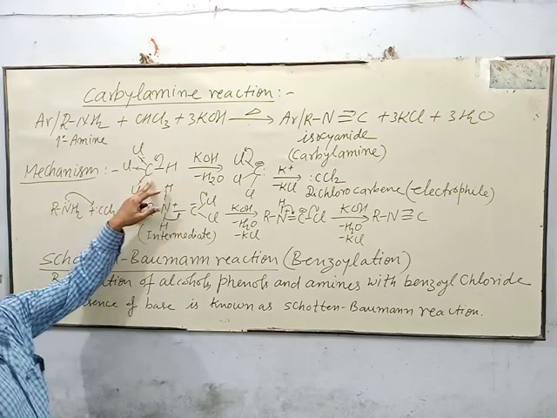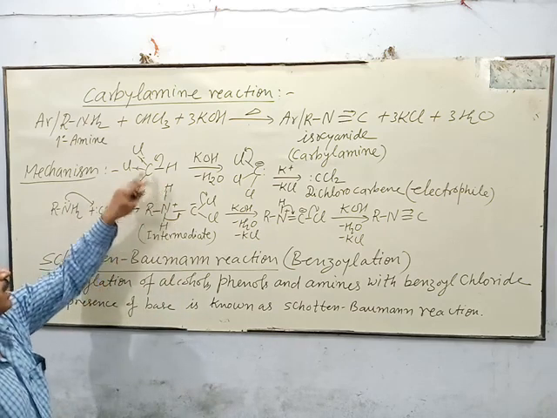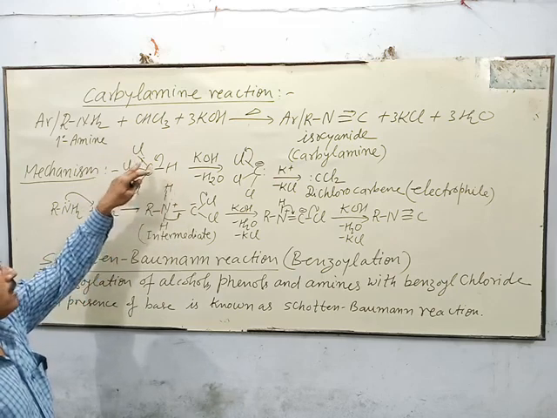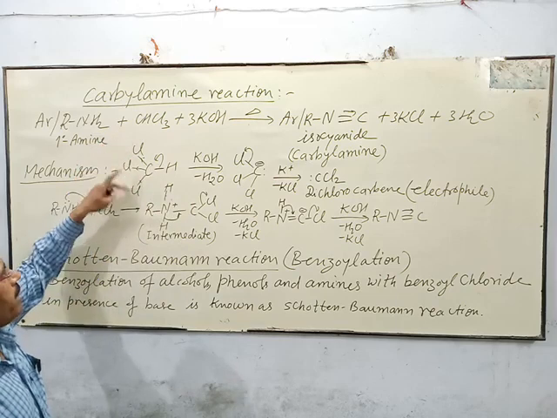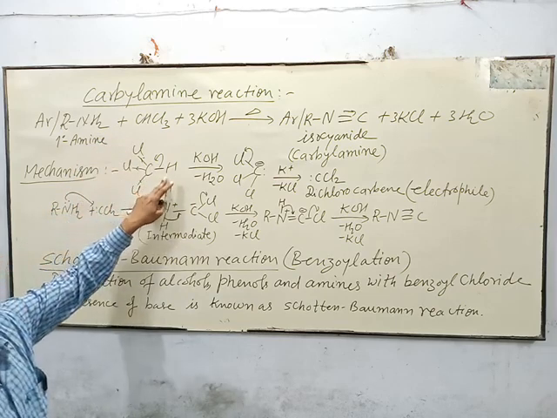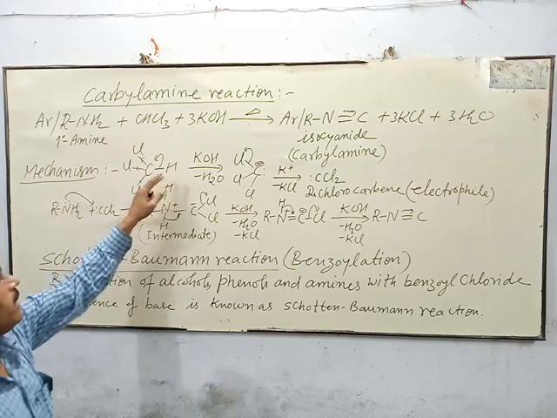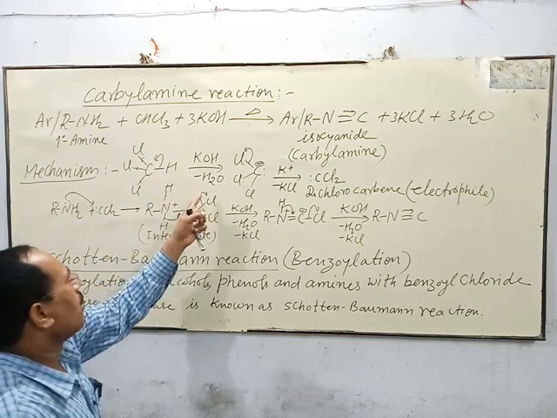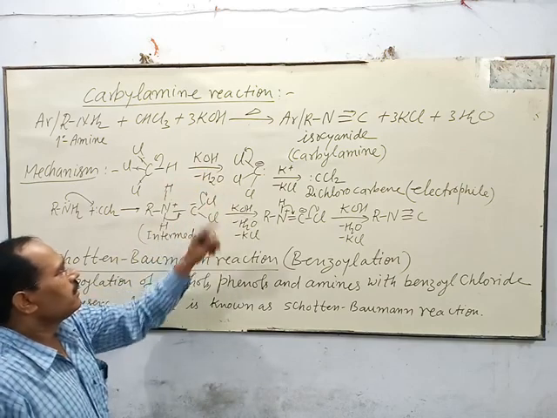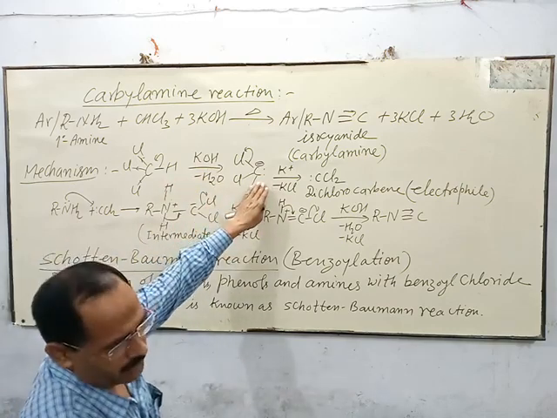This is chloroform. In chloroform, there are 3 chlorine atoms attached to carbon, and due to the strong minus I effect of the chlorine atoms, this hydrogen becomes acidic and reactive. It is taken as a proton by OH minus and water is liberated, and an anion is formed.